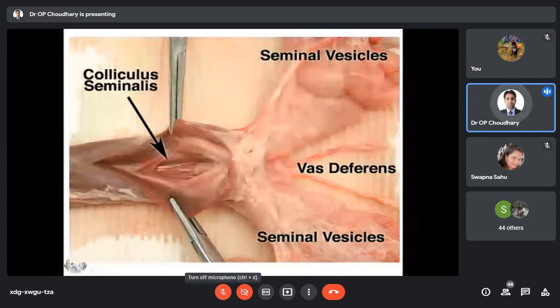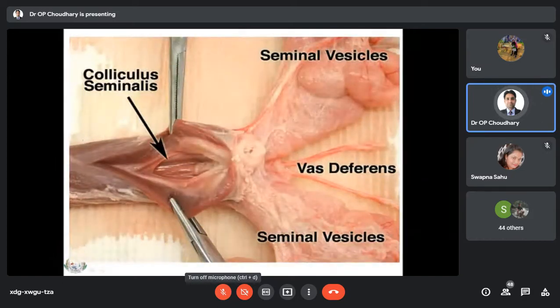You can see here, I already told you what the colliculus seminalis is. This hole is the urethra. When you cut the urethra from the dorsal aspect, in the middle of it you will find one prominence, usually called the colliculus seminalis. On either side there are two openings for the vas deferens, and lateral to them two openings for the seminal vesicles.